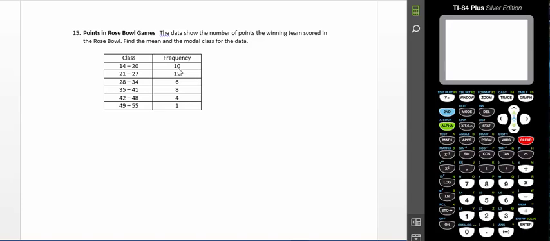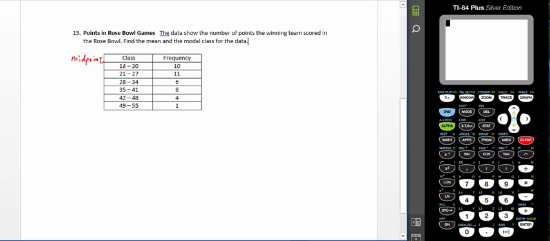For all we know, all 10 teams could have scored 14, or all 10 of them scored 20. Since we don't know the exact numbers, we're going to use the midpoint of the class to represent that number. So we're going to find the midpoints for each class.